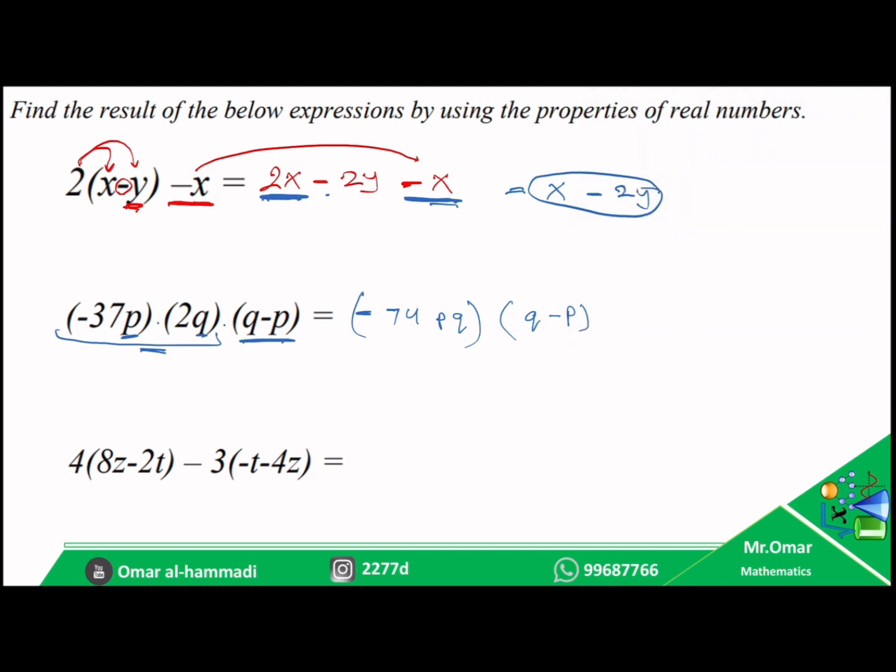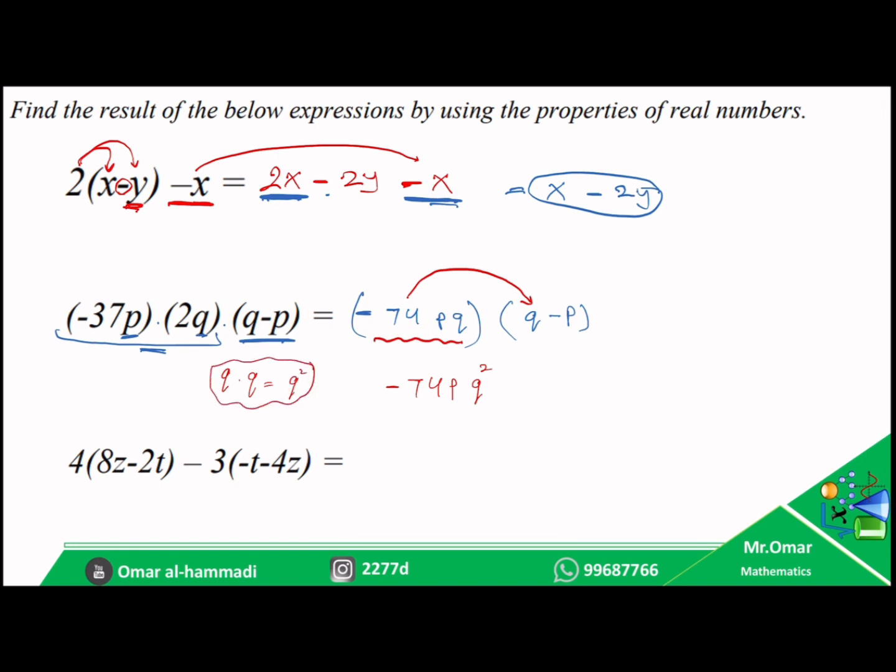And now we will do the multiplication for that whole thing. Minus 74pq multiplied by q will give us minus 74pq square. Q square. Why is it square? Because we have q multiplied by q. It will give us q square. This is in the power.